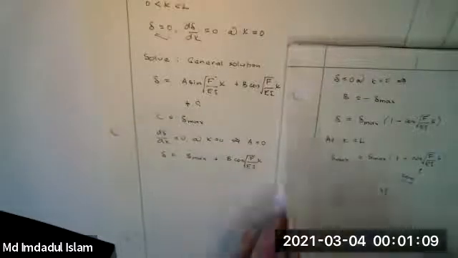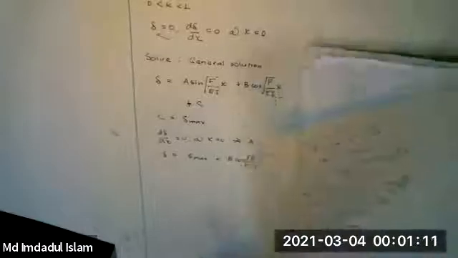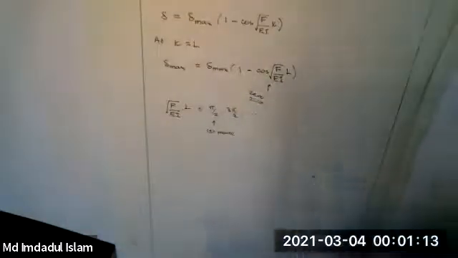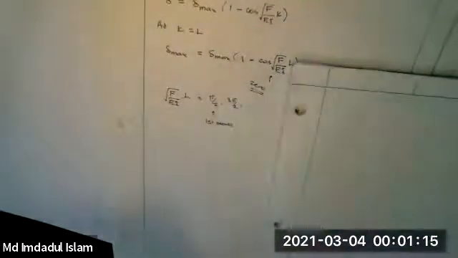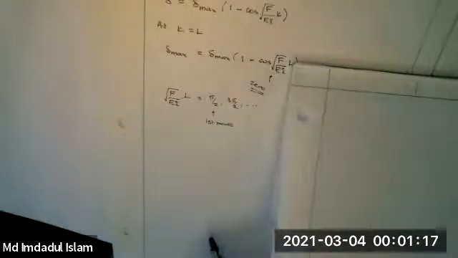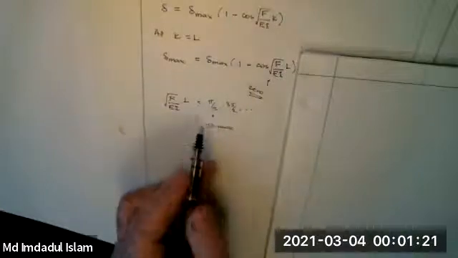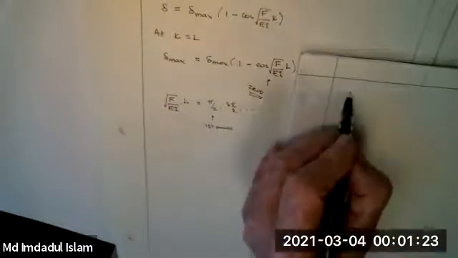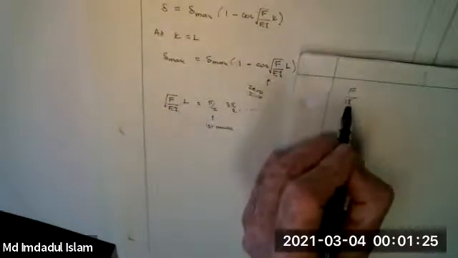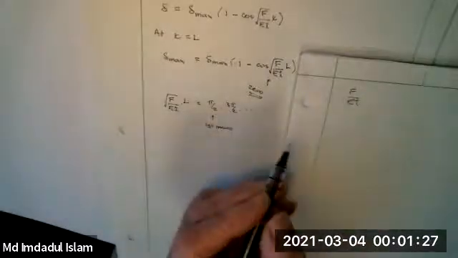So that's the case. Then solving this equal to pi upon 2, I'm going to get F on EI. I squared that.